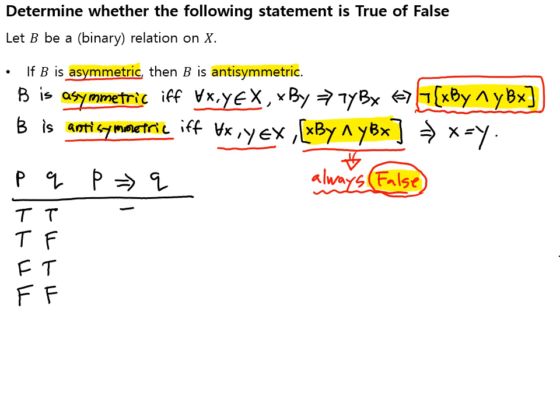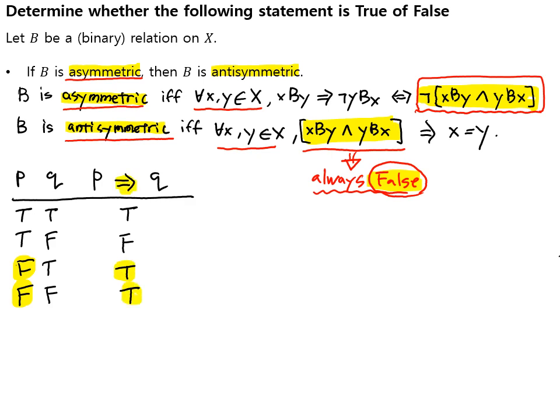We have seen that whenever the antecedent P is false, the entire conditional statement is true.